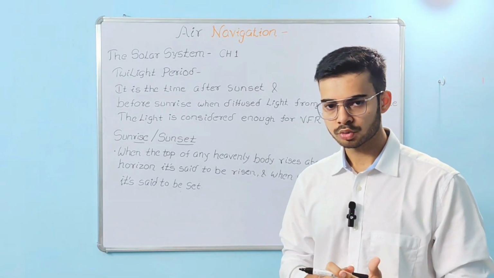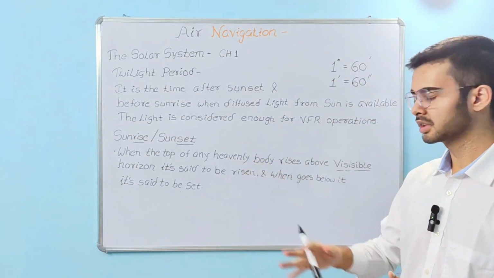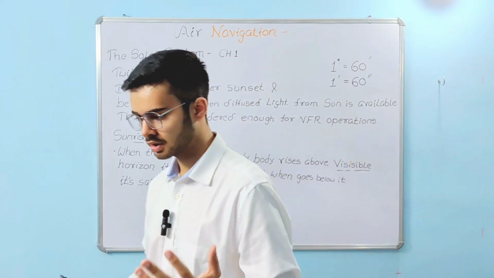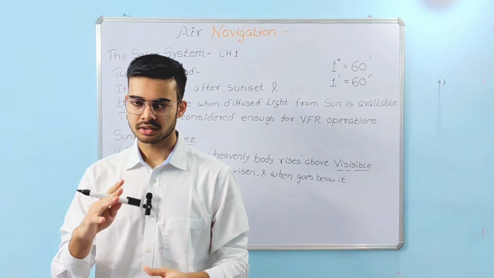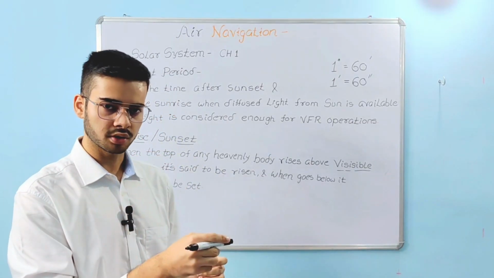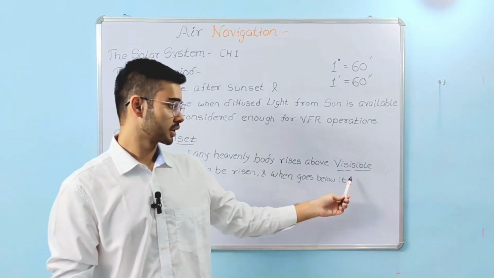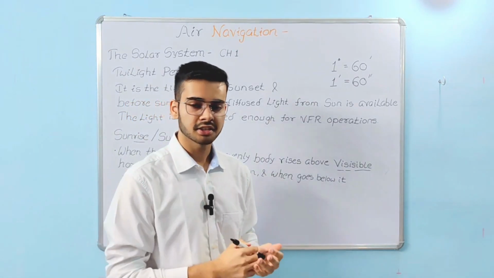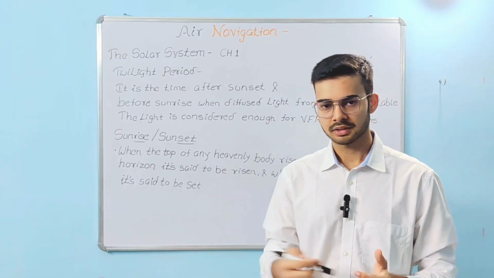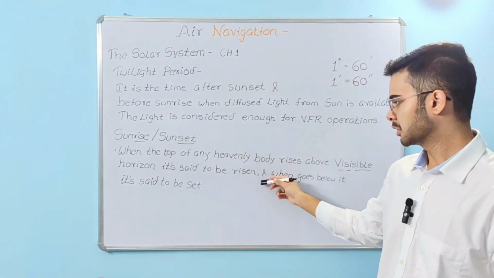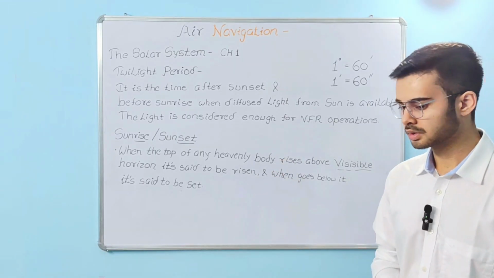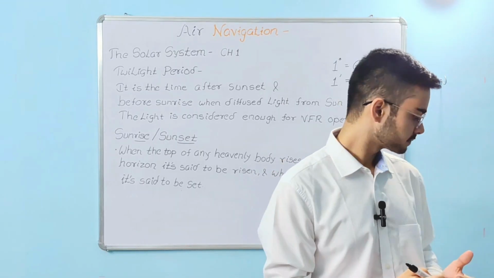So moonrise and moonset also depend on this, whether the top of that heavenly body, sun, moon, or any other planet, has risen above the visible horizon or has gone below the visible horizon. Note it, it's the visible horizon. Then it's called risen, like sunrise, or set, like sunset. So this is the main governing definition. There are a few more points that I'll write after this, so please note it down first.